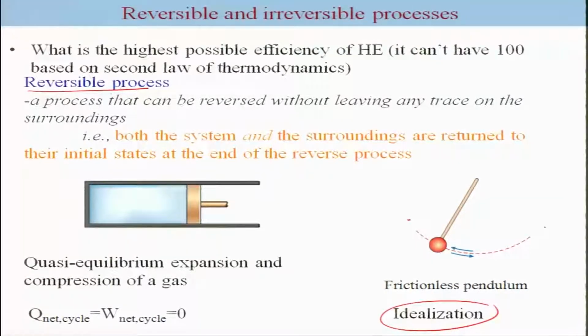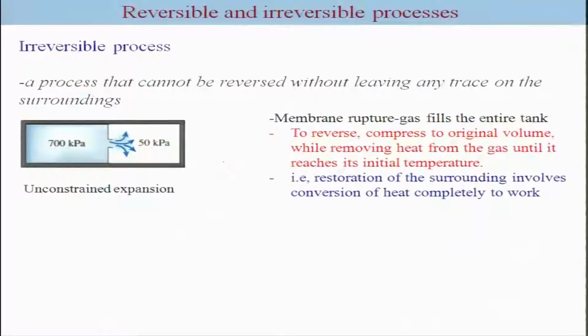Okay. So, let me again summarize the reversible process. It is a process that can be reversed without leaving any trace on the surrounding. That means both the system and the surrounding are returned to their initial state at the end of the reverse process. However, irreversible processes are of course widespread. An example of such a process is unconstrained expansion.